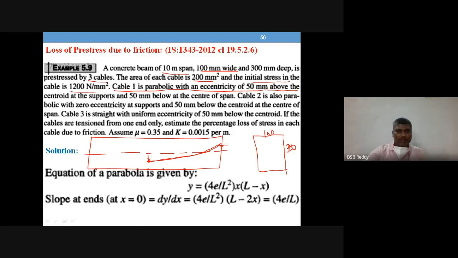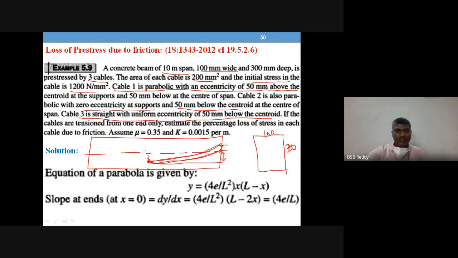Right? And the second cable is also parabolic with 0 at the support, 50 mm below centroid. So the second cable has 0 eccentricity at the support, 50 mm at the center. This is how the second cable is. The third cable is straight, 50 mm below the centroid.